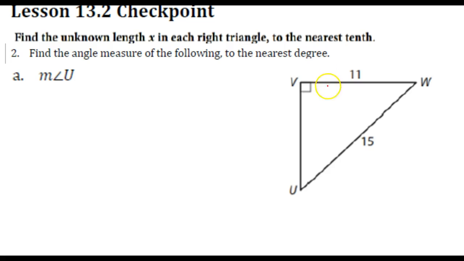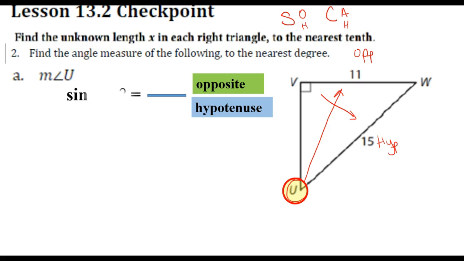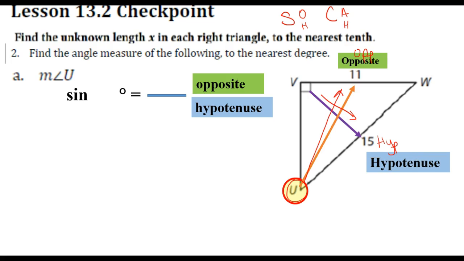All right, the next one we're going to do is finding angle u. So they give me a side for u, not u specifically, but for the letter u, right? Opposite, and the side hypotenuse. So am I going to use sine or cosine? We're going to use sine. All right, let's label some stuff, put stuff in their place.